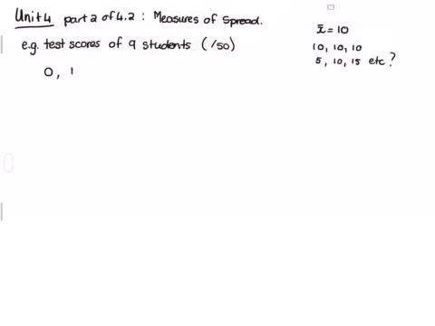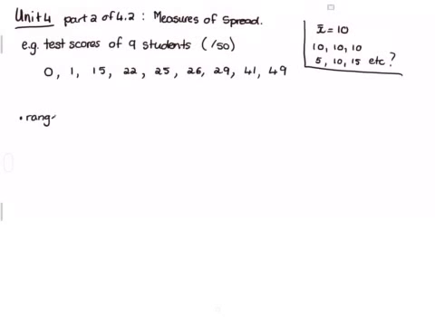So this is the data I'm going to use the whole time. These are the different marks that the 9 students got. So I want to give a bit of space there.